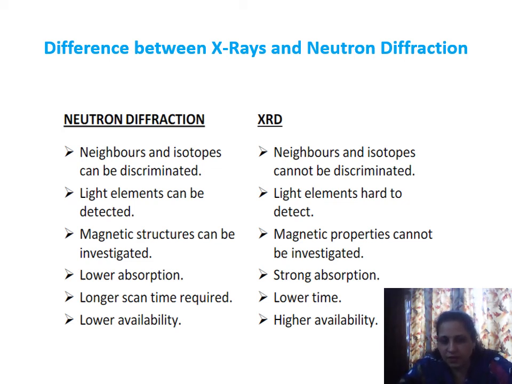And magnetic structures can be investigated by neutron diffraction, but magnetic properties cannot be investigated by X-rays. Neutron diffraction is a lower absorption phenomenon, but X-ray is a strong absorption phenomenon, and longer scan time is required in neutron diffraction, but lower time is required in X-rays, and lower intensity in neutron diffraction and higher intensity in X-rays.